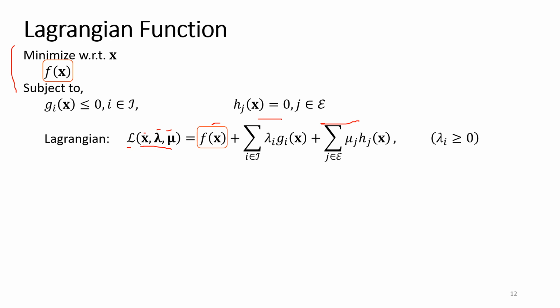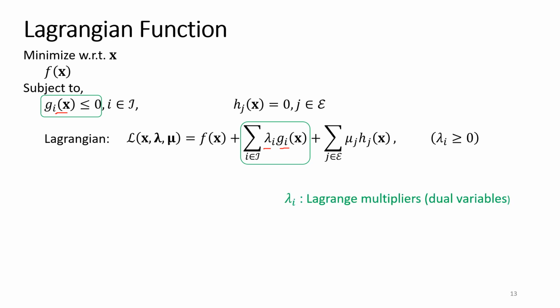The first term is simply the objective function f of x. The second term corresponds to the linear inequality constraints, and each function g_i of x is multiplied with a lambda_i. Each lambda_i is a Lagrange multiplier, also called a dual variable.